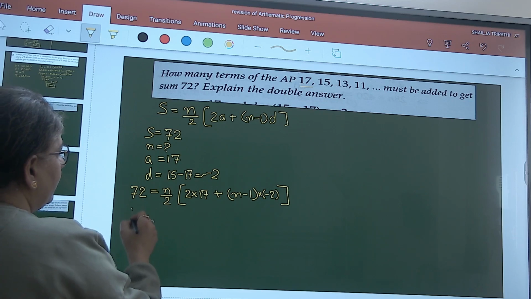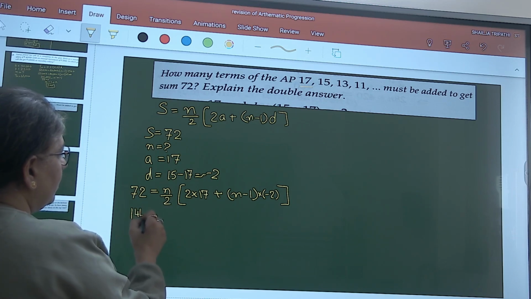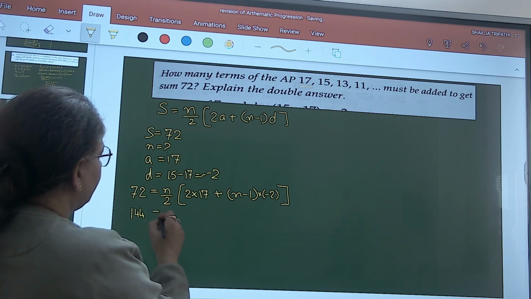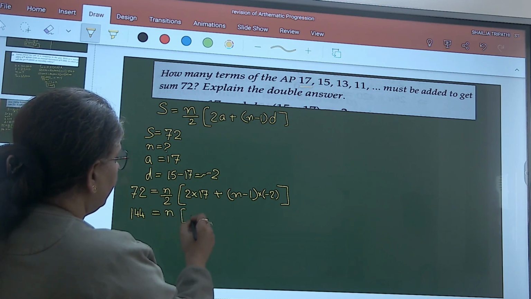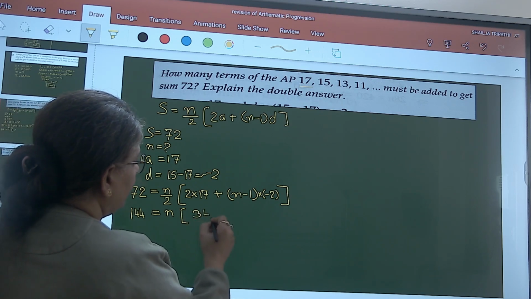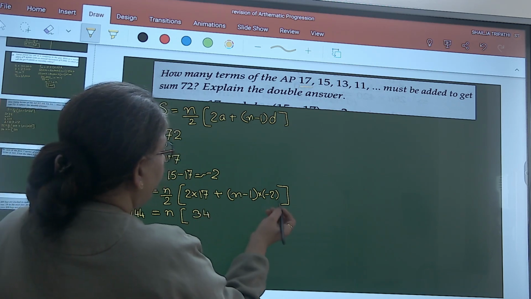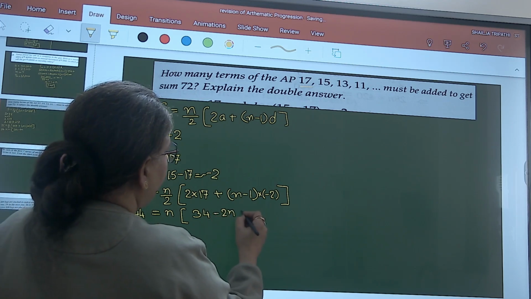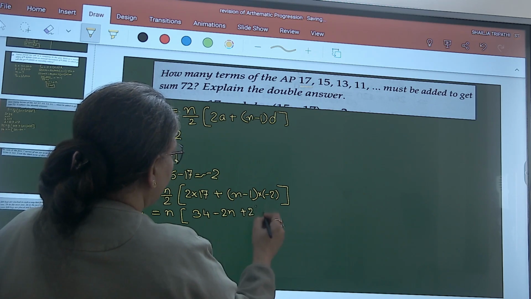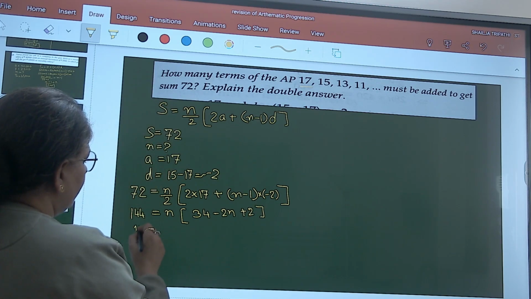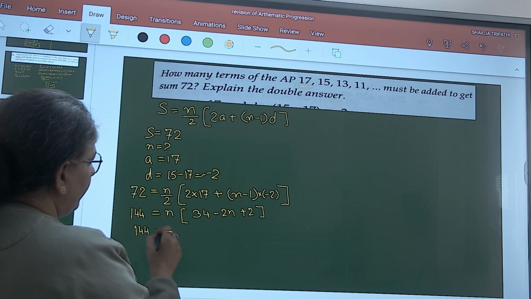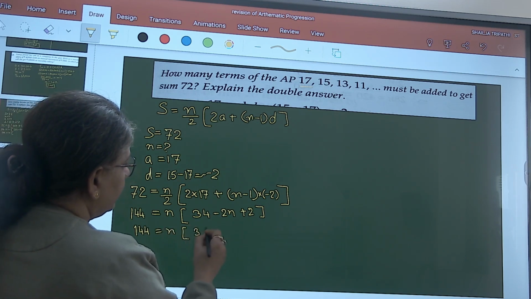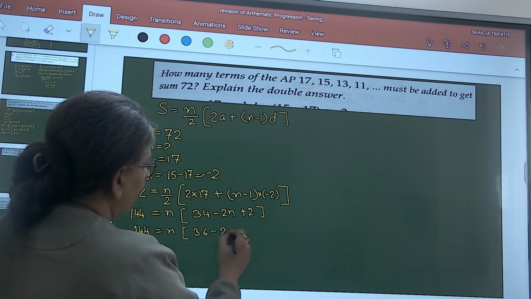So here we get 144, multiply this 2 by 72, then we have n times 34, then minus 2n and plus 2. In the bracket we get 36 minus 2n.